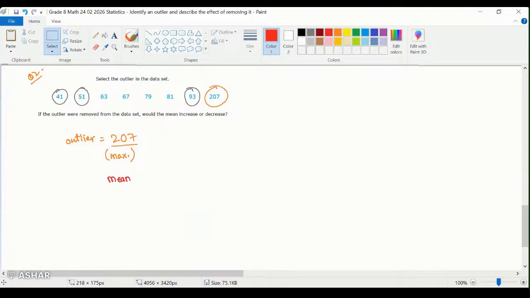If the outlier is the maximum number, what should happen to the mean? If the outlier 207 is removed, if the maximum number is removed, then the mean will always decrease.